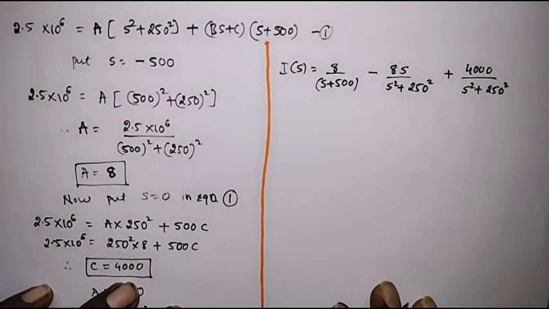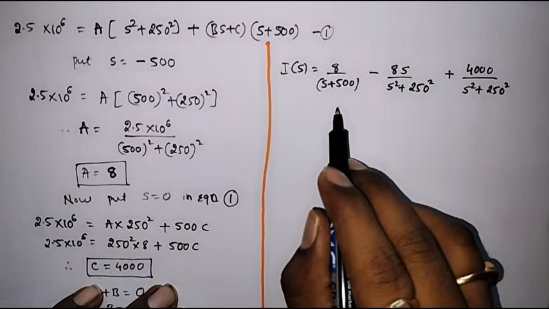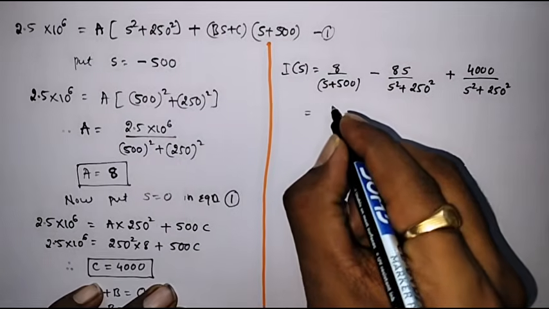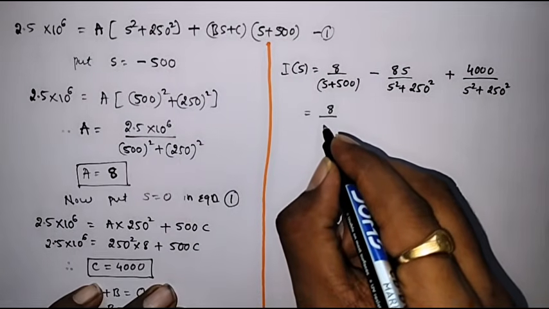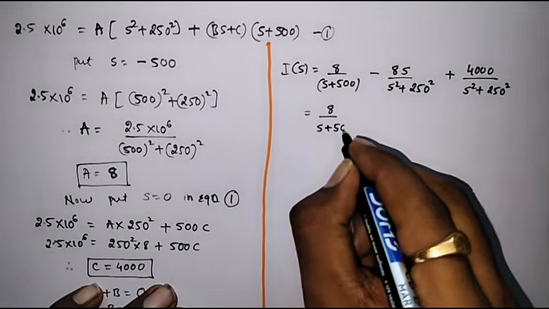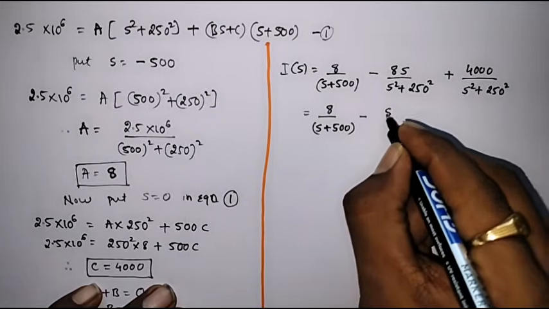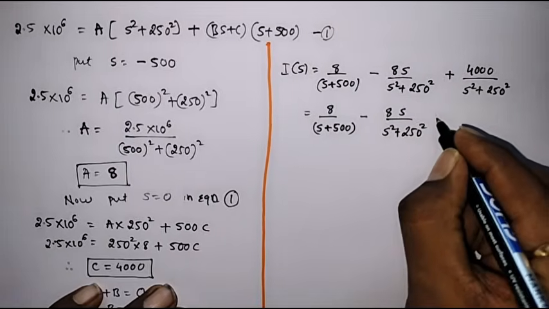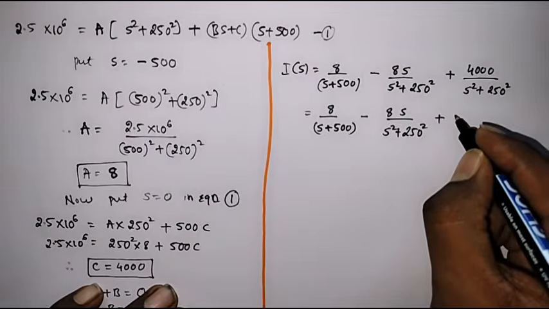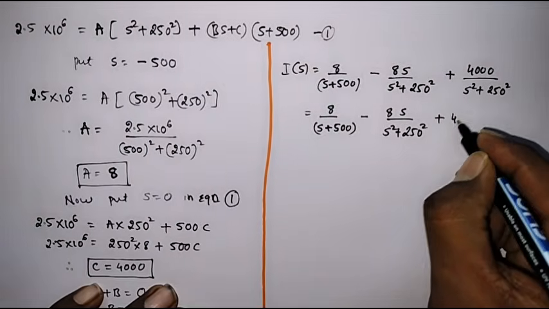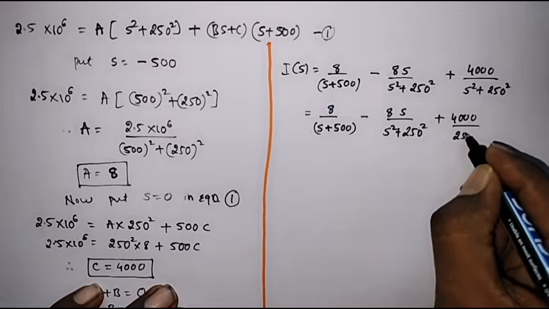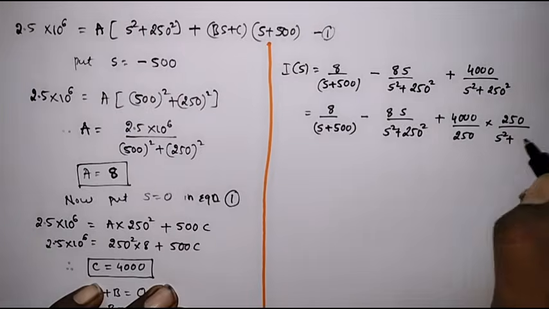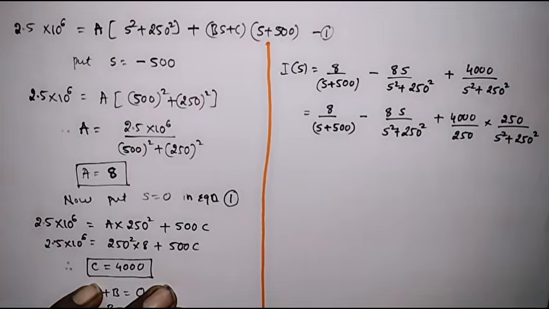So now here I will try to represent each term on RHS in terms of standard form. That is, I can write it as 8 divided by s plus 500 minus 8s divided by s square plus 250 square plus, here I can represent 4000 as 4000 divided by 250 into 250 divided by s square plus 250 square.